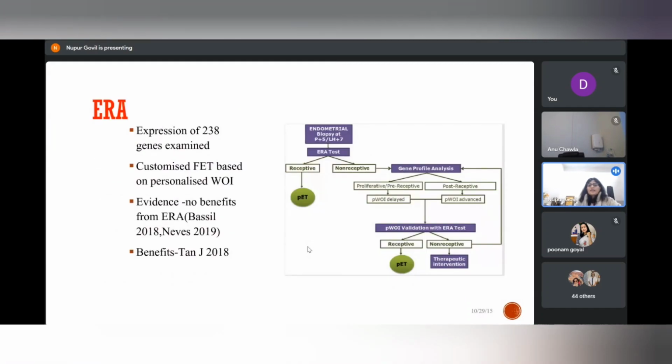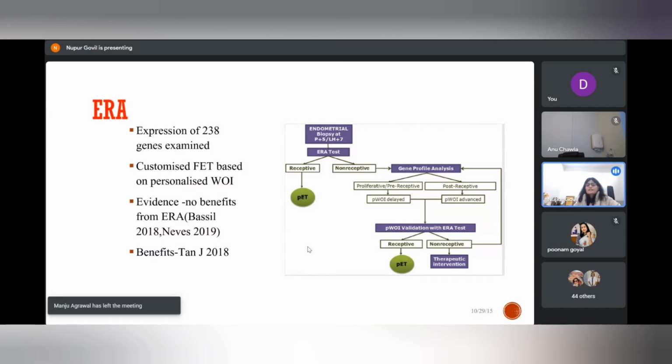Based on this window of implantation, we characterize the endometrium as receptive, pre-receptive, or post-receptive, and accordingly your progesterone supplementation and your embryo transfer are adjusted. If it comes back non-receptive, the testing is done again to check whether, with the adjustment, the endometrium has now become receptive or not. If it still comes back non-receptive, then some therapeutic intervention is done.